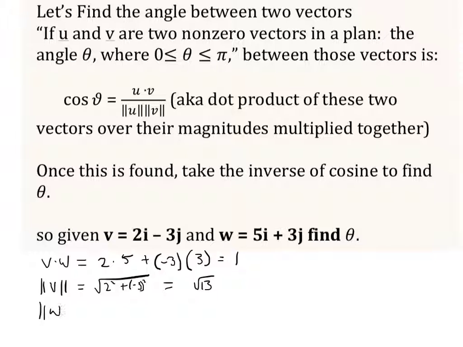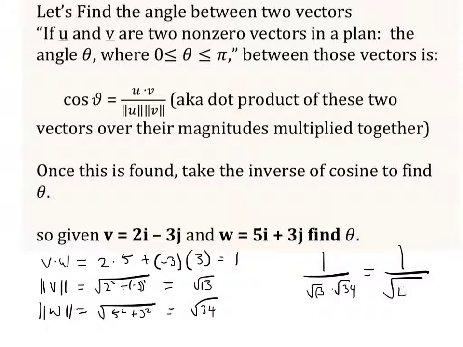And then the magnitude of w equals the square root of 5 squared plus 3 squared, which ends up equaling the square root of 34. Okay. So we now take the 1, that's our dot product, put it over root 13 times root 34, which equals 1 over root 442, which, when you rationalize, becomes root 442 over 442.